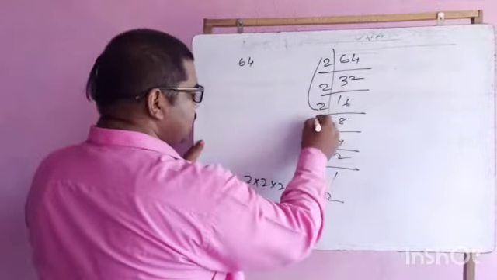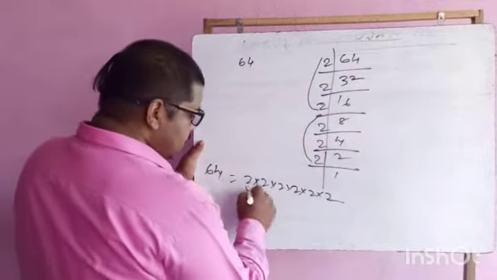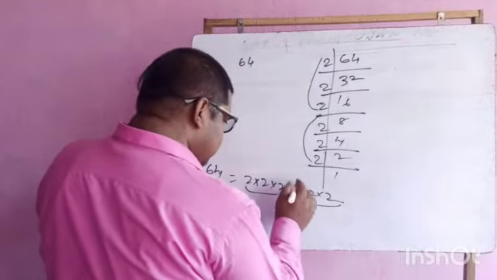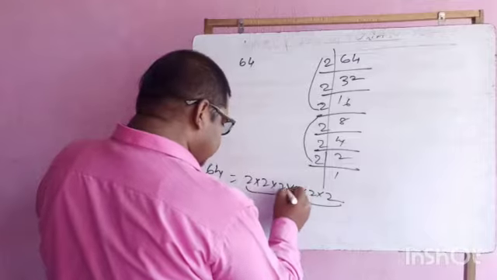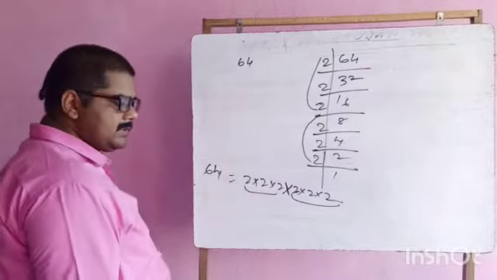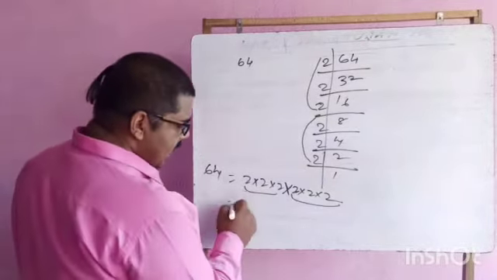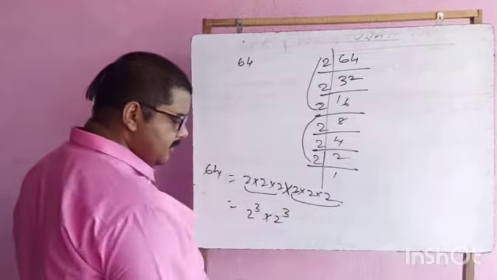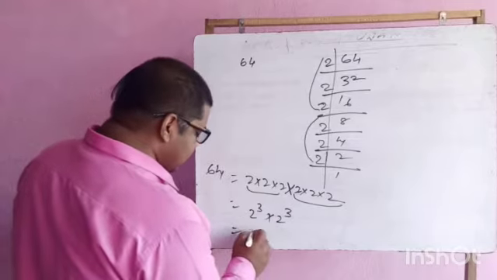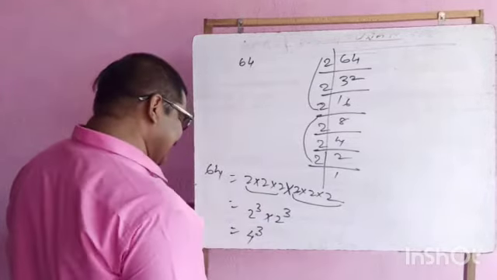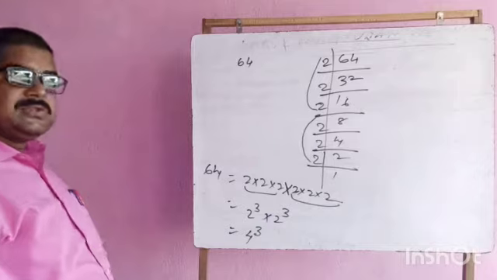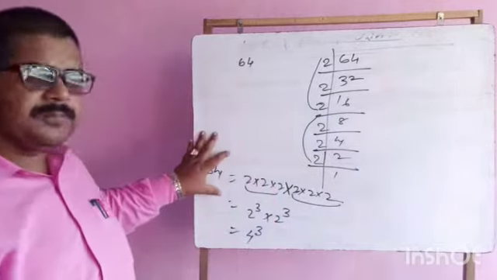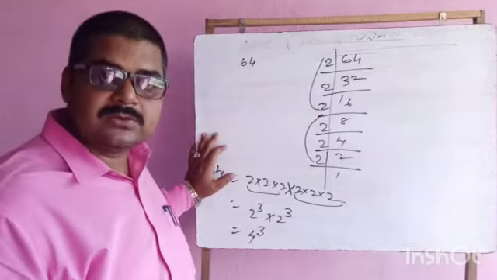How many times? Actually 6 times. And this is why it can be written as 2 cube into 2 cube, or simply as 4 cube. Since it is in cubes, 64 is known as a perfect cube.